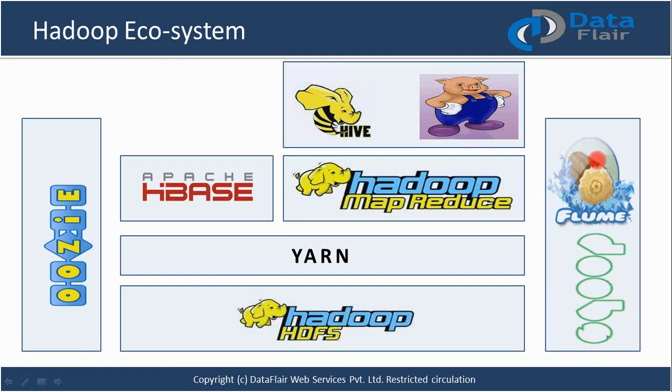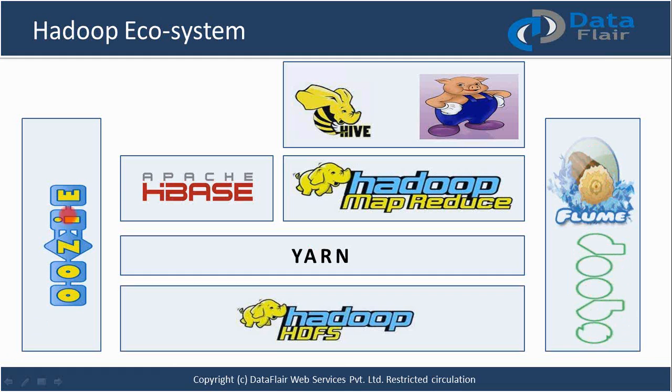Flume is a general purpose data collection system which is used with Hadoop and without Hadoop as well. You can collect the data in real time or in batch mode, based on size or based on time. Flume is pretty popular, a very important component of the Hadoop ecosystem.